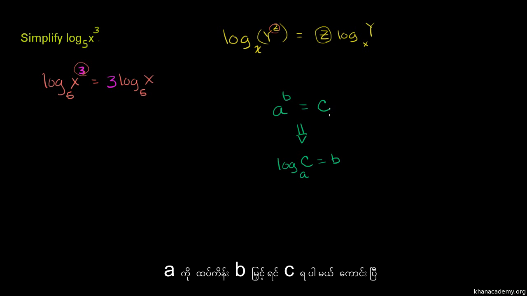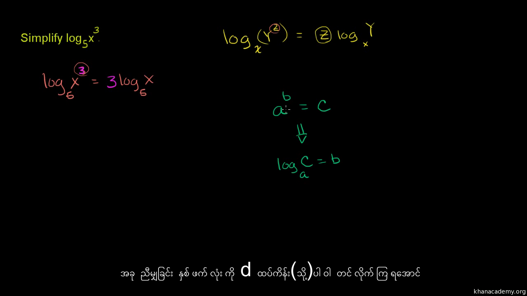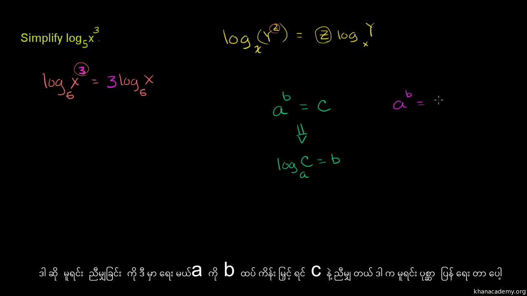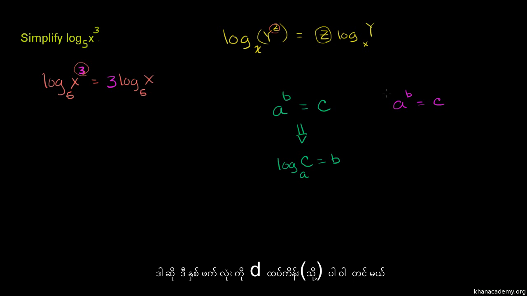Fair enough. Now let's take both sides of this equation right over here and raise it to the dth power. Instead of doing it in place, I'm just going to rewrite it over here. So I wrote the original equation, a to the b is equal to c, which is just rewriting this statement. But let me take both sides of this to the dth power.